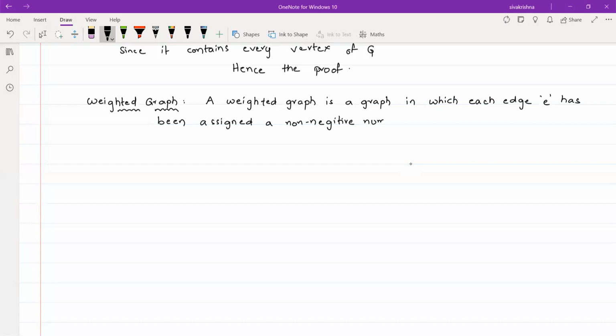A non-negative number. So that, we call that the weight of that particular edge.